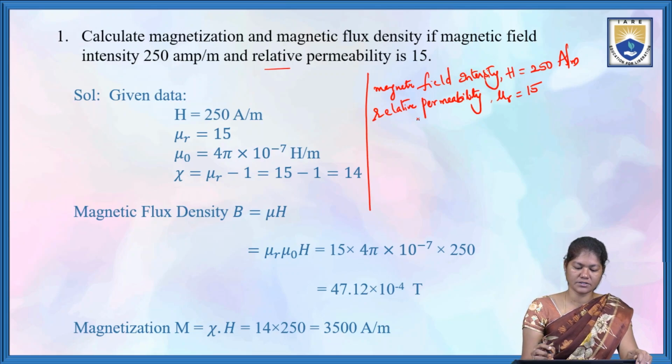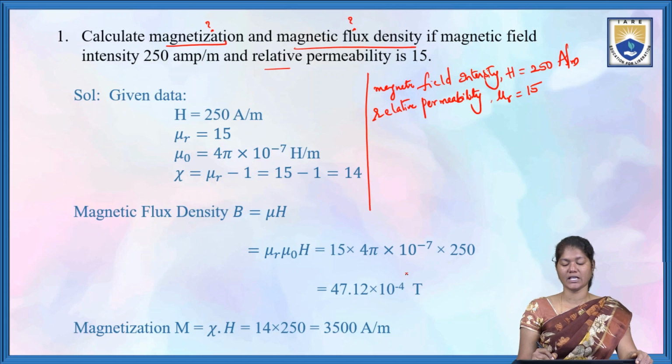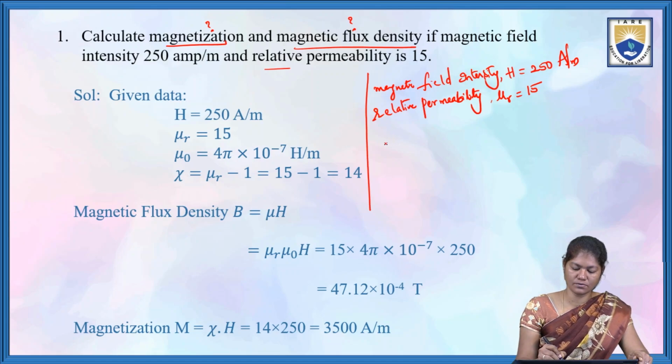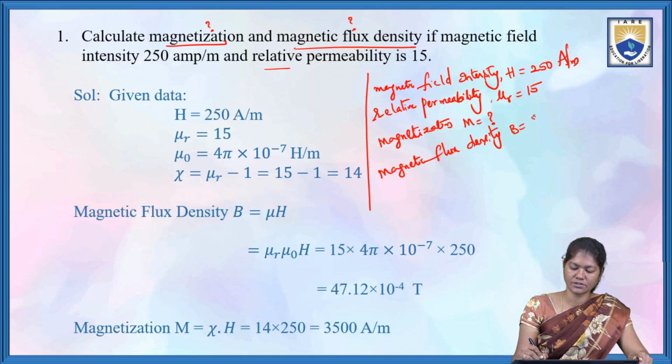We have to calculate magnetization, that is M, and magnetic flux density B.